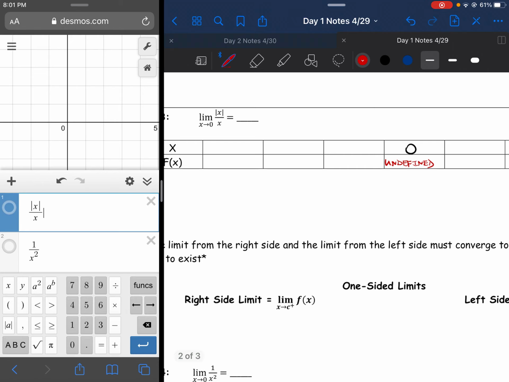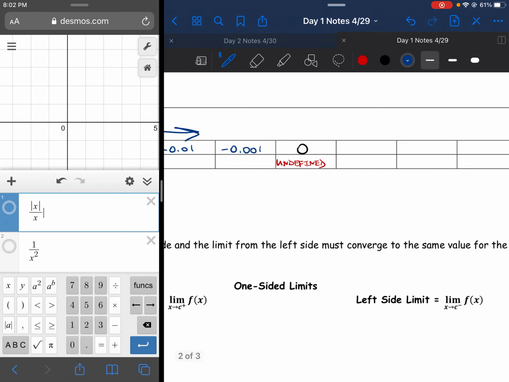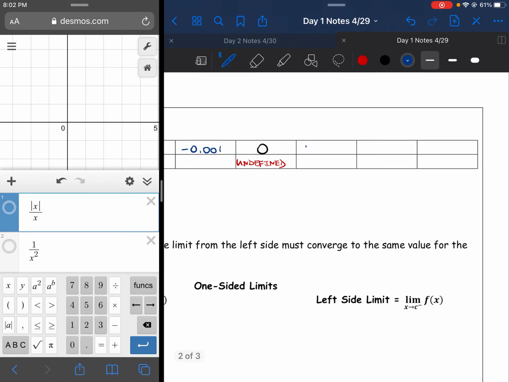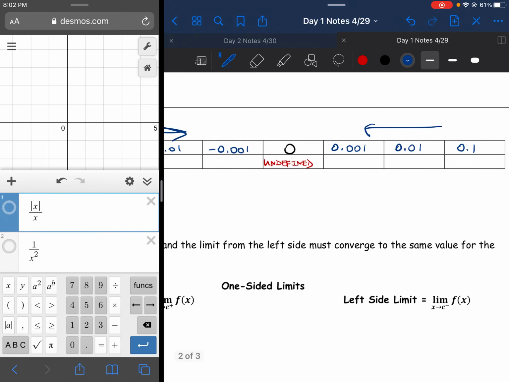To the left of 0 would be negative numbers like negative 0.001, negative 0.01, negative 0.1. Notice as we move this direction, they're getting closer and closer to 0. And just to the right of 0, we'd have things like positive 0.001, positive 0.01, positive 0.1. As we move this way, we're getting closer and closer to 0.